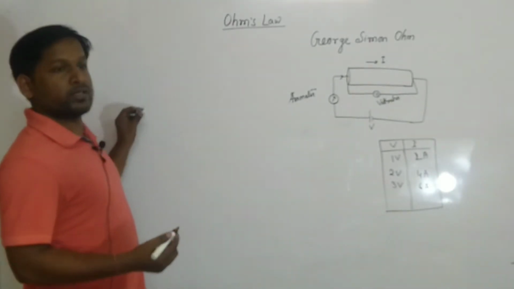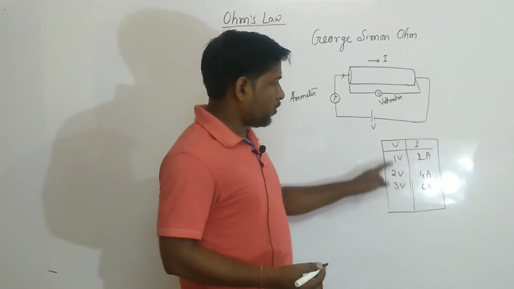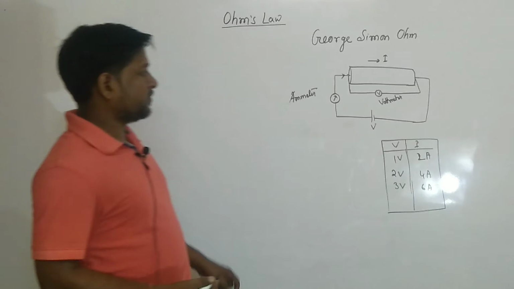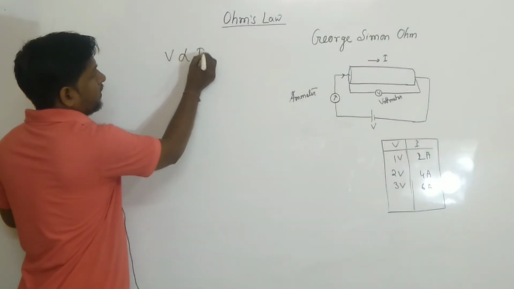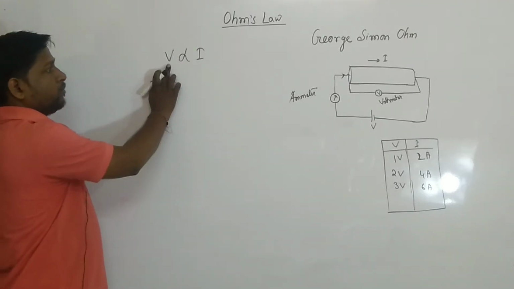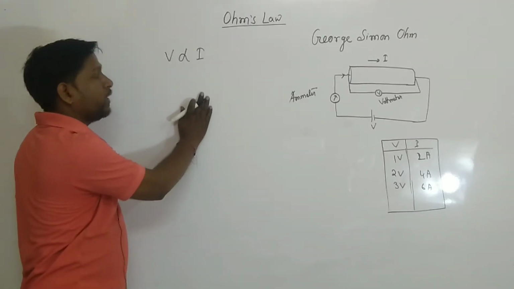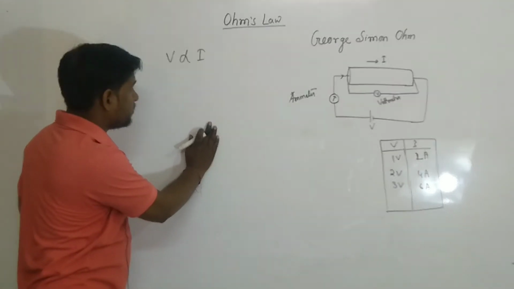So he wanted to establish a relation between these two quantities. From this observation, it is very clear that voltage increases with increase in current. Mathematically, this is denoted as V directly proportional to I. That means when voltage is increased, the corresponding electric current also gets increased.